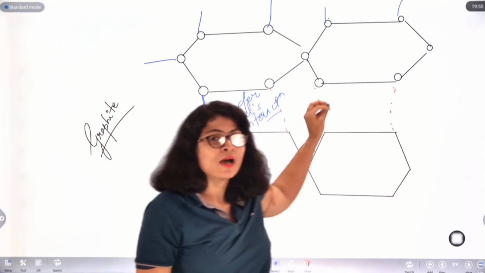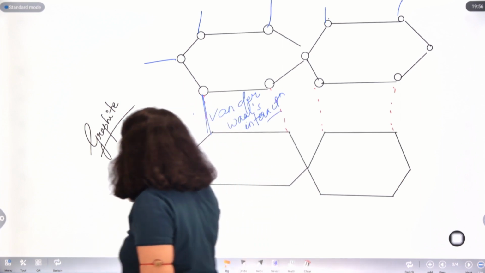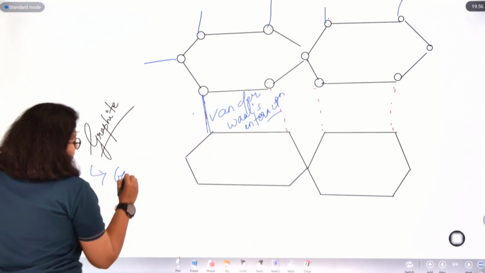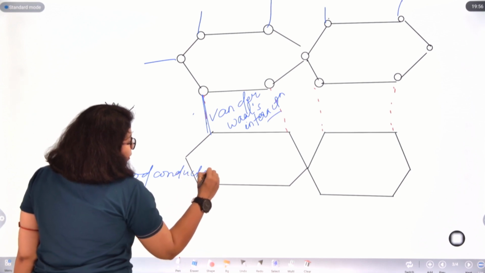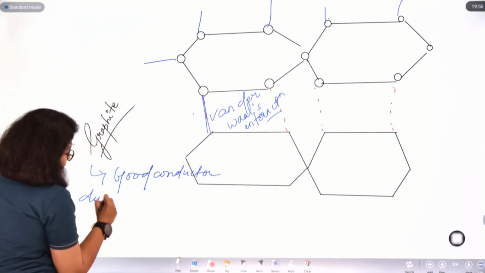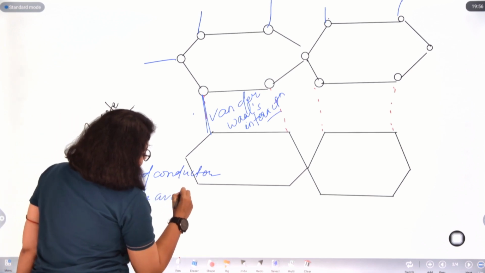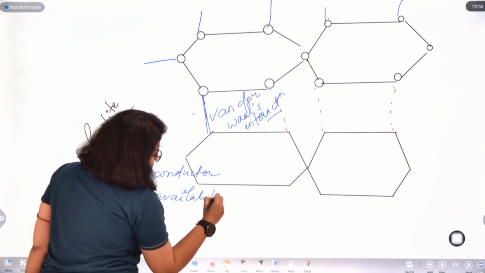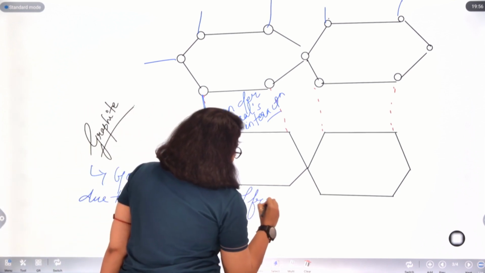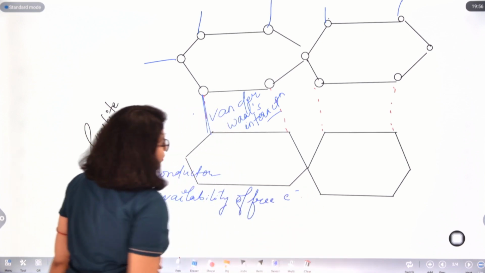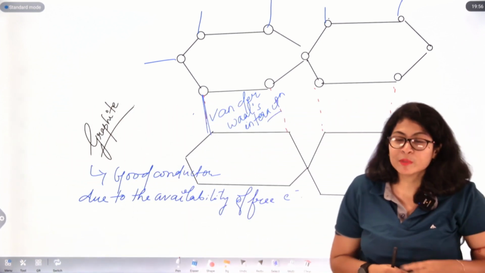Therefore graphite is a good conductor of heat and electricity due to the availability of free electrons.